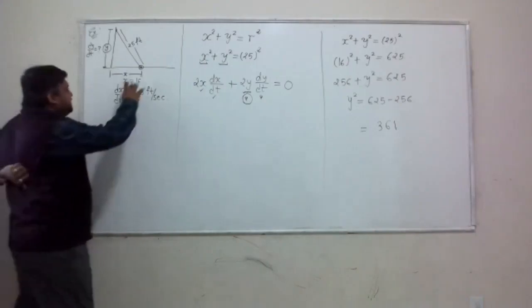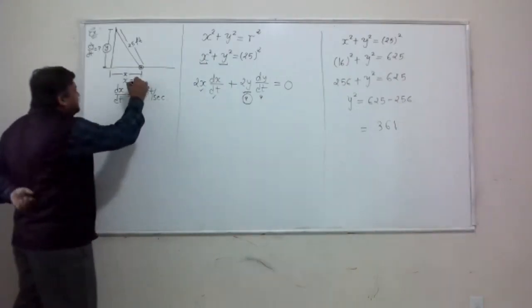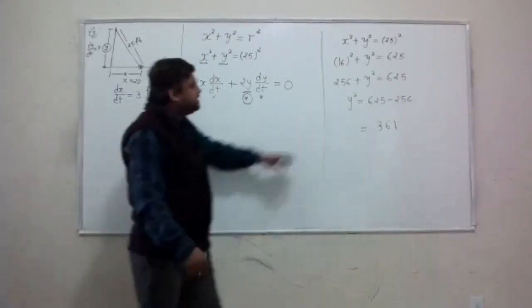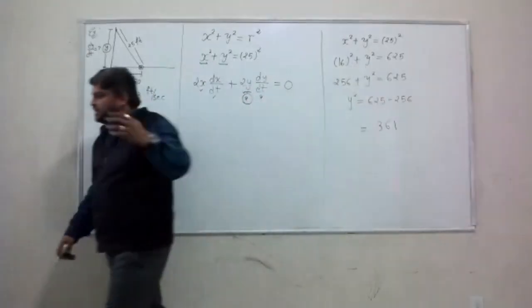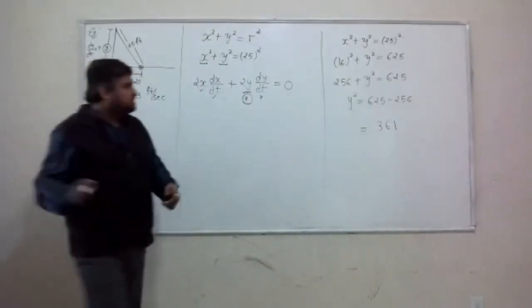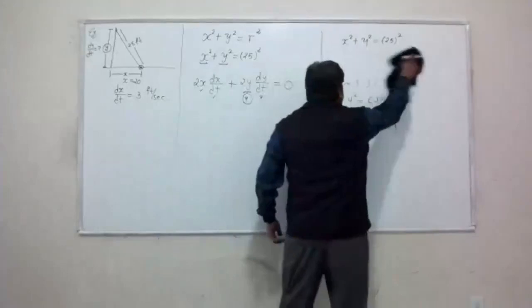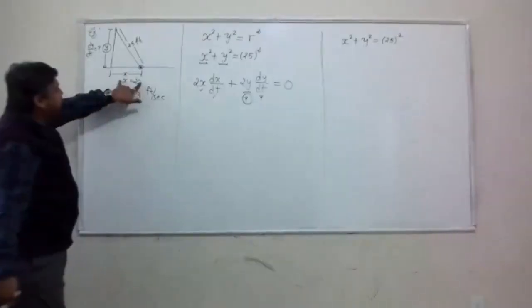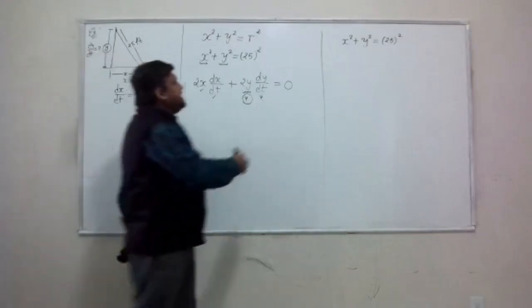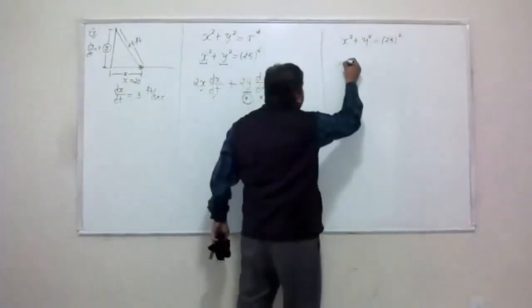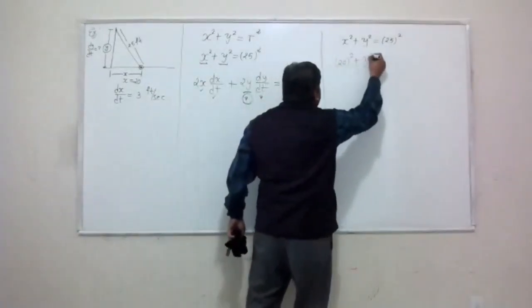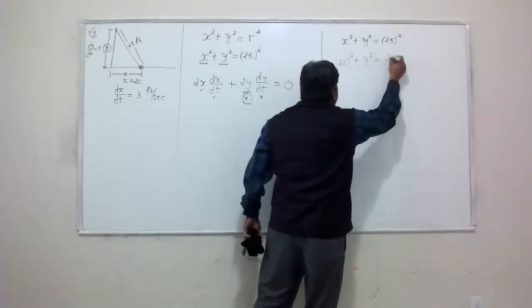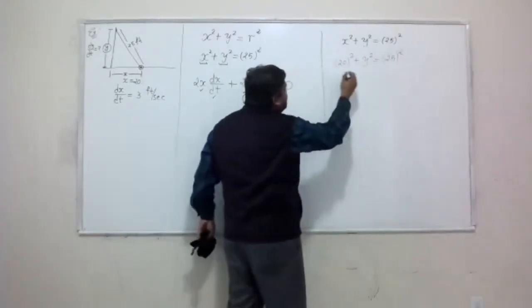All right, let's keep x equal to 20 feet. I just wanted to end up creating nice numbers. So change that x to 20. All right, I get 20 squared plus y squared equal to 25 squared.